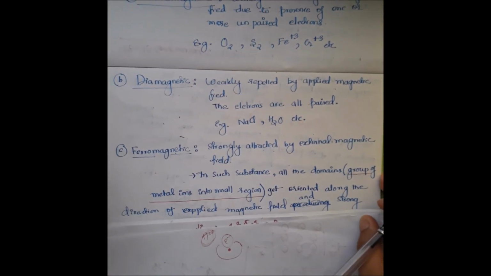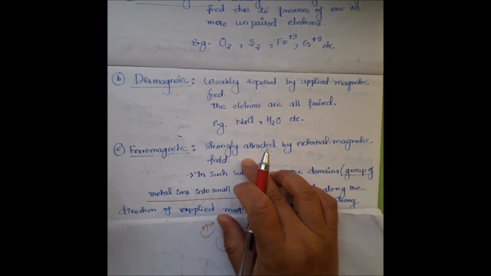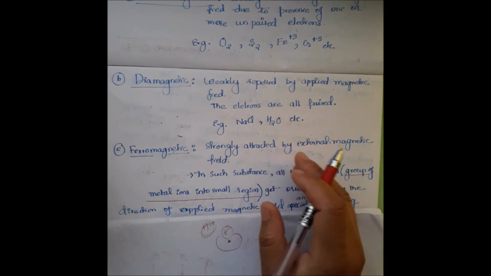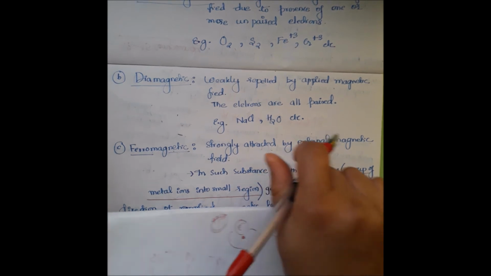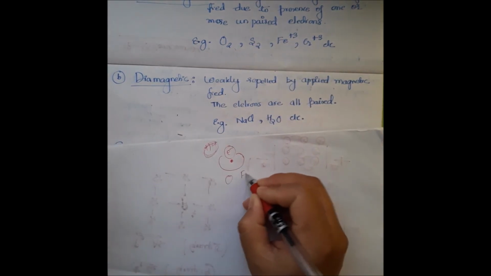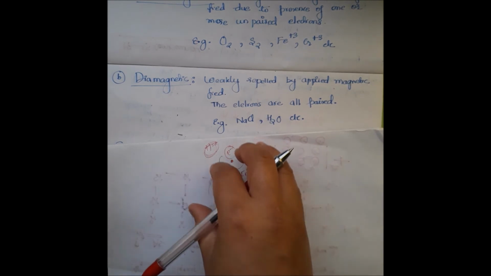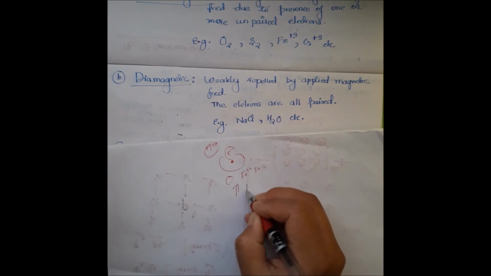Next is ferromagnetic substances. These are strongly attracted by the external magnetic field, and they behave as a magnet even when the magnetic field is removed. The reason is that a domain, meaning a group of metal ions in a small region, has a magnetic moment.